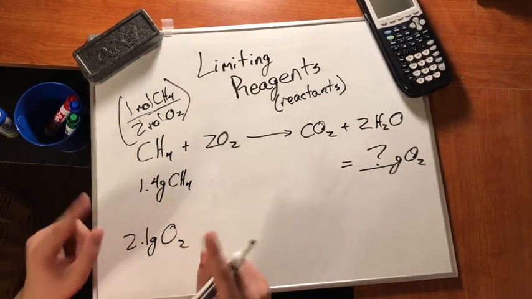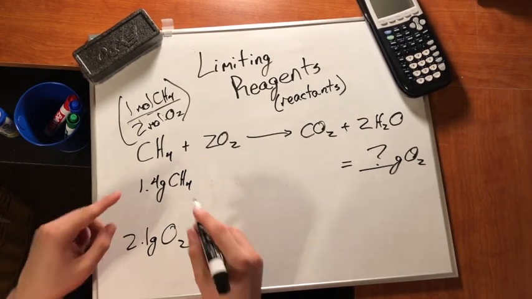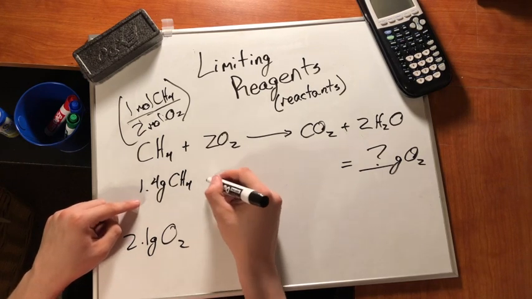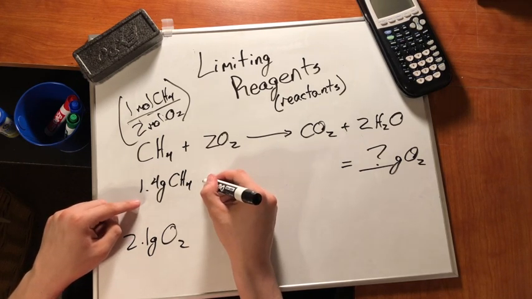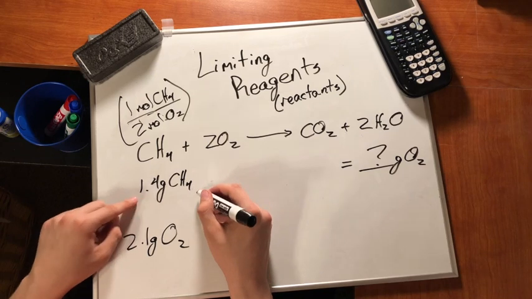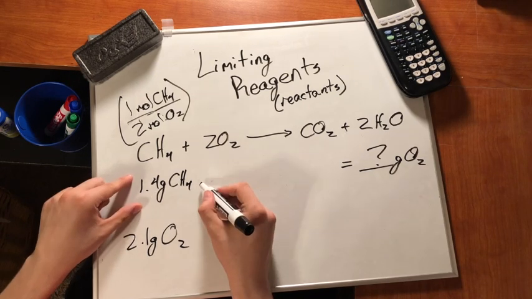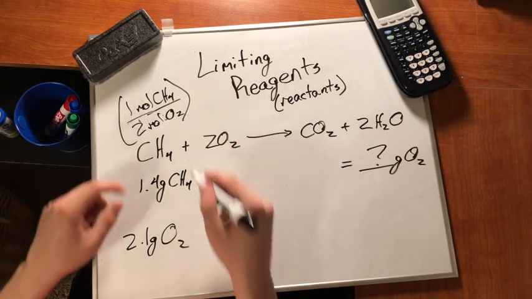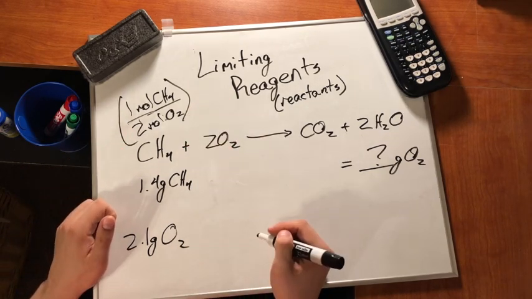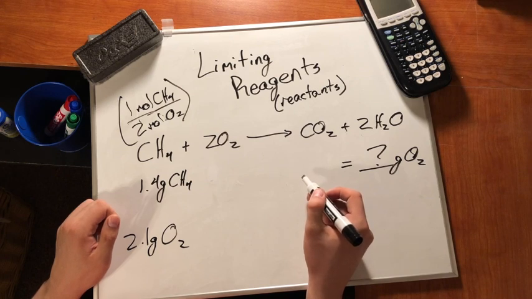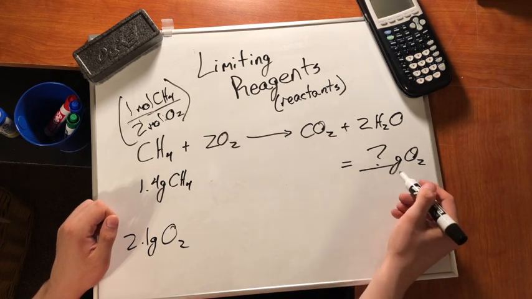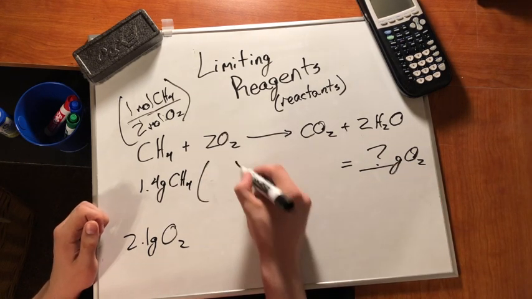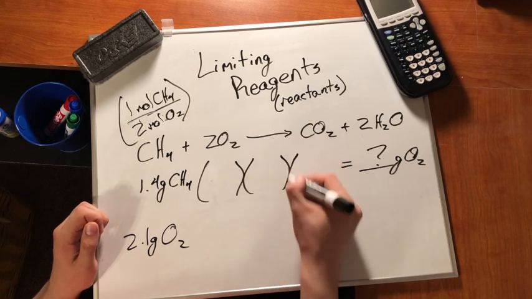Okay? So what I need to do is convert this to moles of methane. And once I'm in moles of methane, then I can convert it to moles of O2. And then once I've converted to moles of O2, then I can convert it to grams of O2. So we're going to have 3 conversion factors.